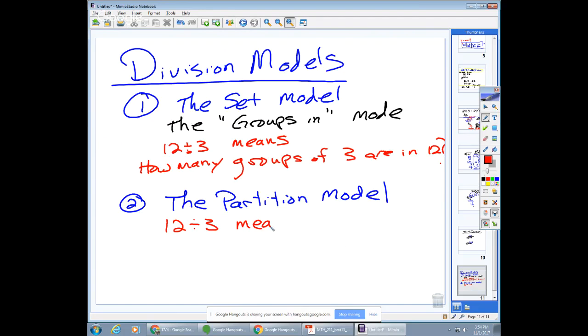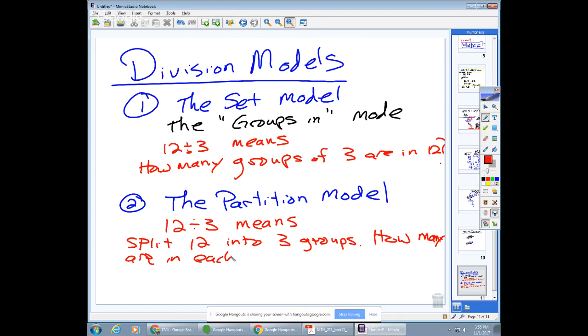But in this case, 12 divided by 3 means split 12 into 3 groups. How many are in each group? Different question, different organization.